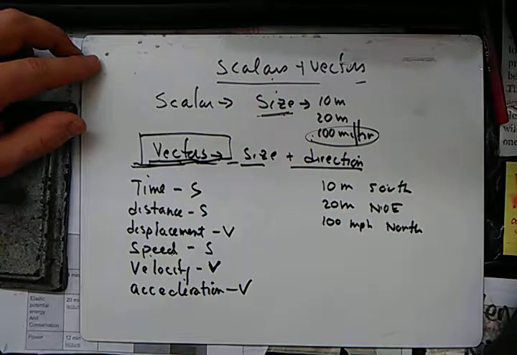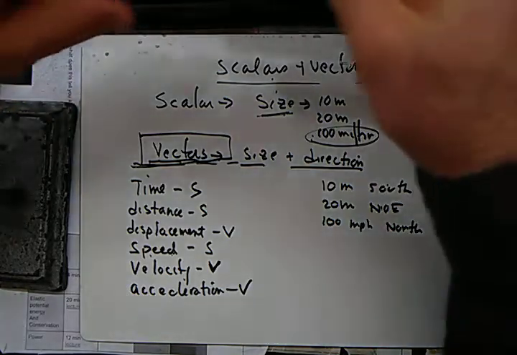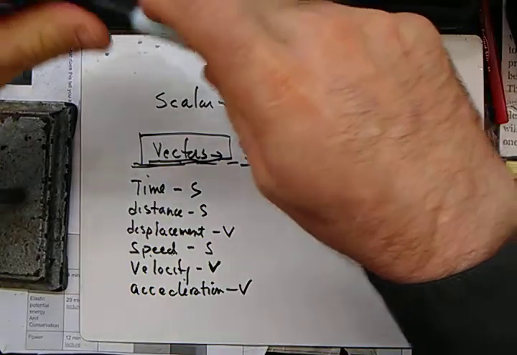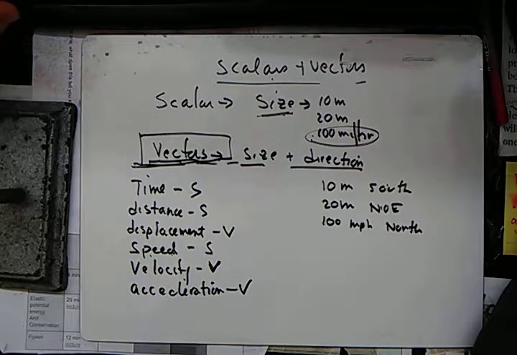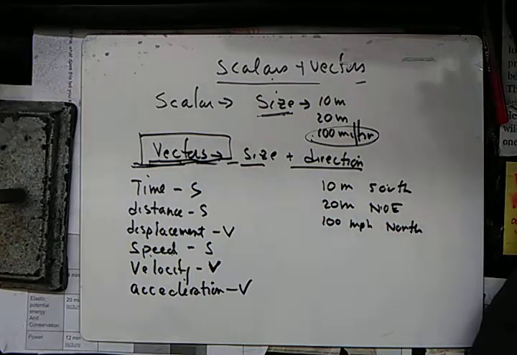So as you're writing those down, vectors make sense because if somebody were to ask me how to get to my house from the school, I would have to give directions. I couldn't just say go 20 miles and then go 30 miles and then go 40 miles. They'd look at me like I had two heads. So I've got to include that direction.